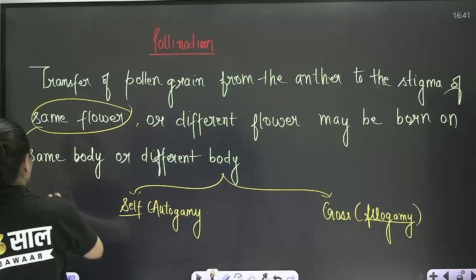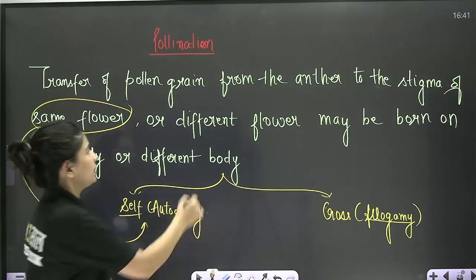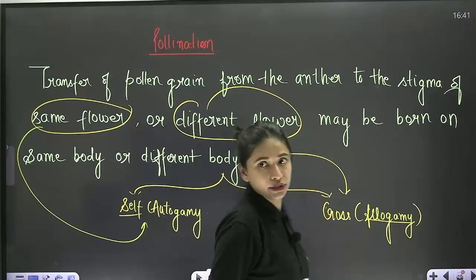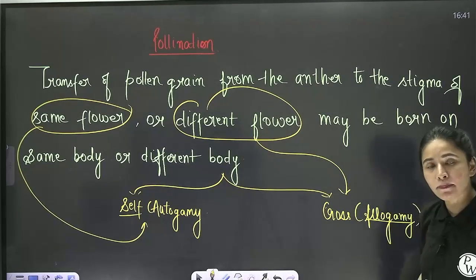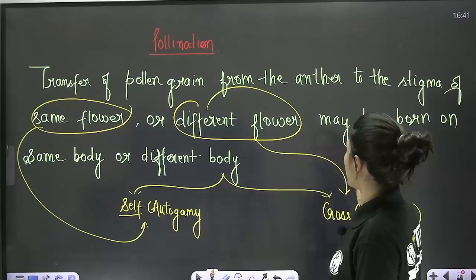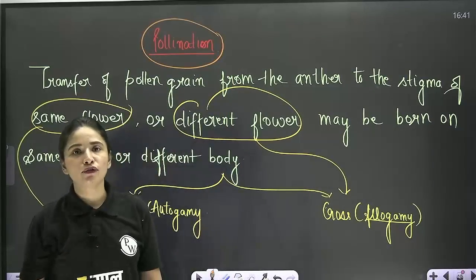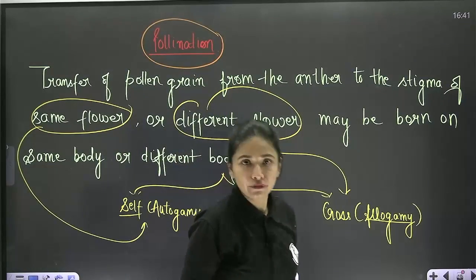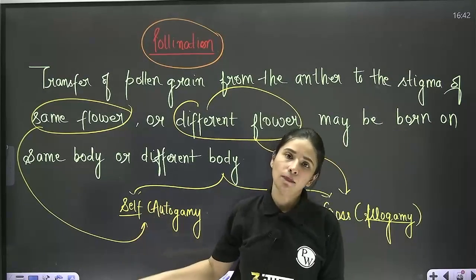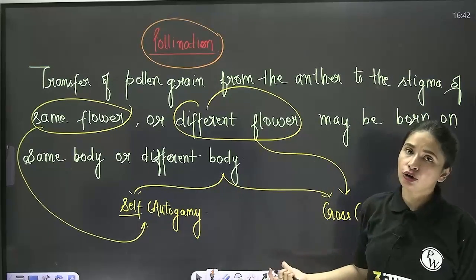Transfer of pollen grain within the same flower. Then a different flower is cross-pollination. Correct? Got my point, beta? So pollination is simply the transfer of pollen grain from the anther to the stigma of either the same flower or a different flower, may be born on the same body or a different plant body. Accordingly, we have two types: self-pollination and cross-pollination.